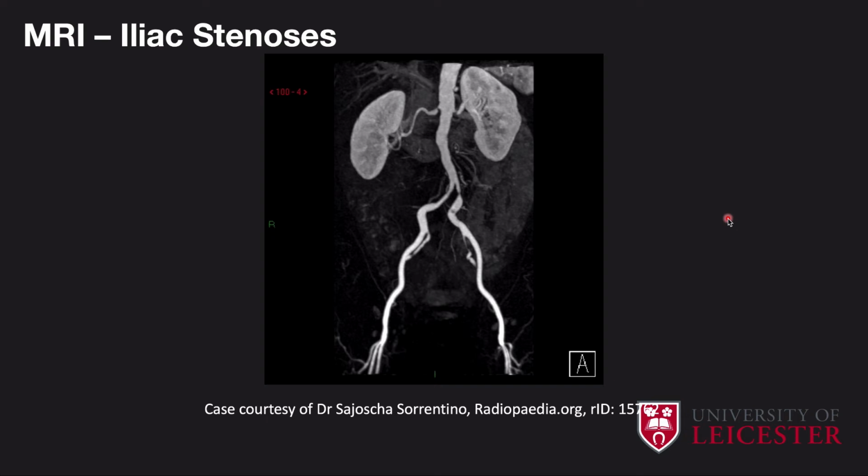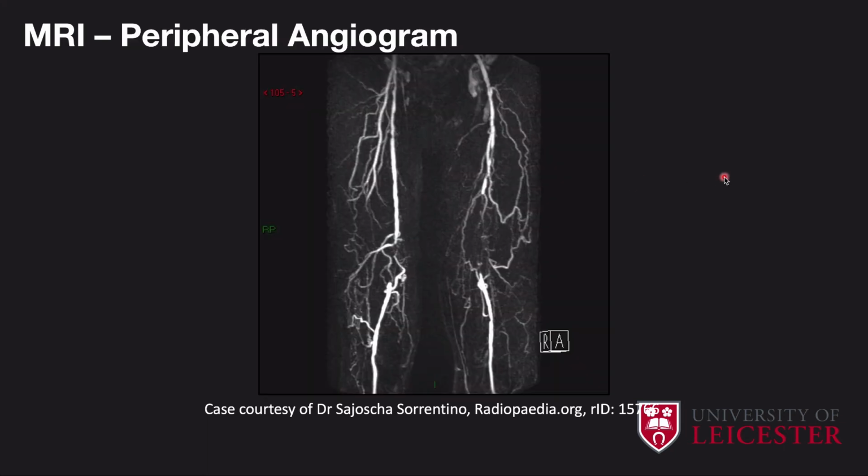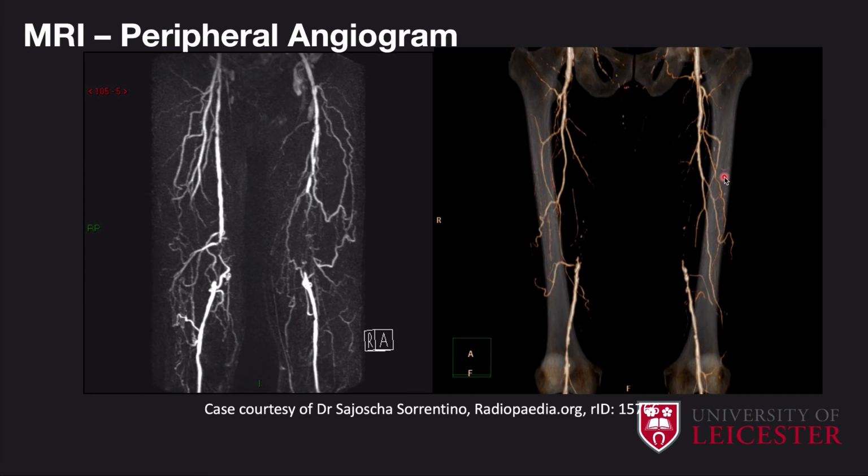This is an MRI image demonstrating narrowing of the iliac arteries on the left here. And this is an MRI image of a peripheral angiogram. If we compare it side by side to a CT peripheral angiogram, the level of detail and resolution is comparable.